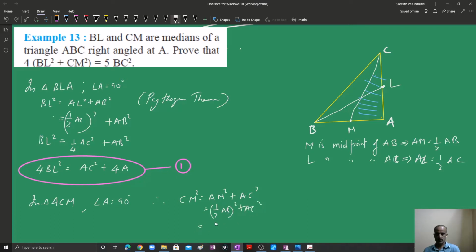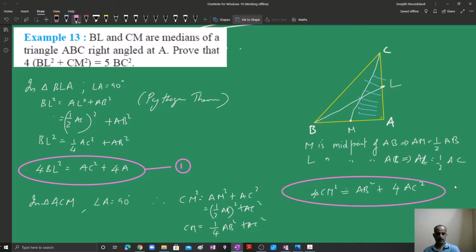This is equal to 1 by 4 AB square plus AC square. Taking LCM, 4 CM square is equal to AB square plus 4 AC square. This we will take as our relation number 2.